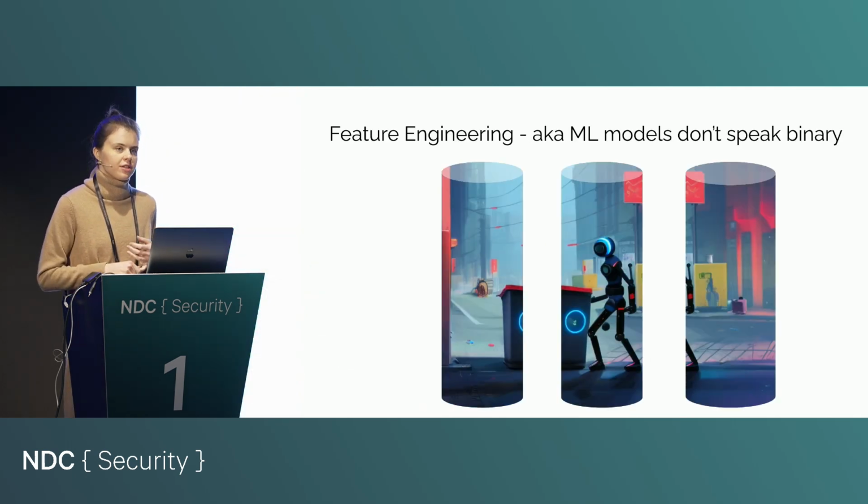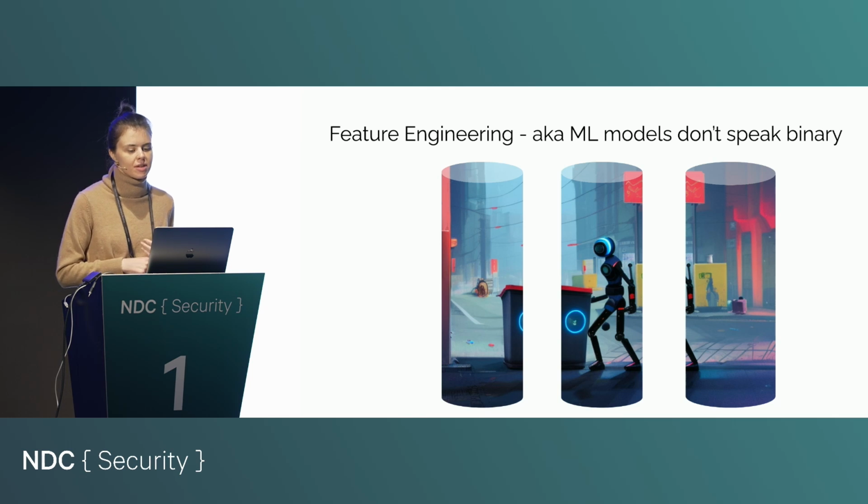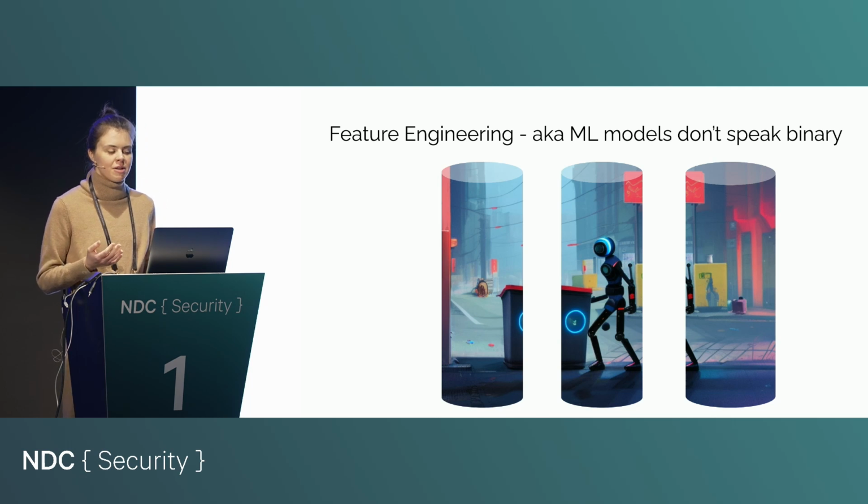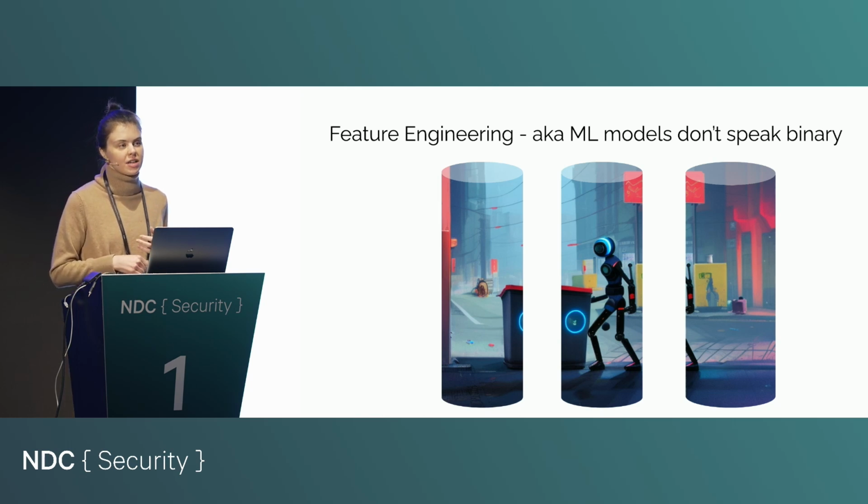So how would this actually work in practice? Unfortunately, machine learning models can't understand binaries in the same way a disassembler or a decompiler would. They are basically sequences of mathematical operations and matrix multiplication, so they can only operate on numbers or vectors. That is why the first step in any machine learning project is feature engineering.